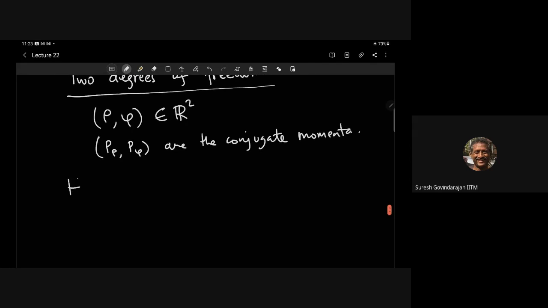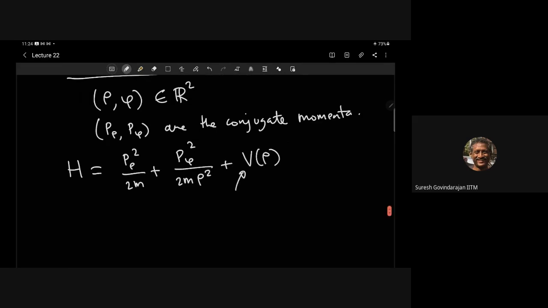So I would write what the Hamiltonian is. The Hamiltonian is p rho square upon 2m plus p phi square upon 2m rho square, plus V of rho. So what I'm doing here is that this is rotationally symmetric, or a central potential.